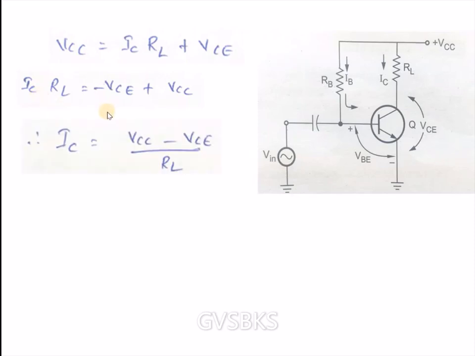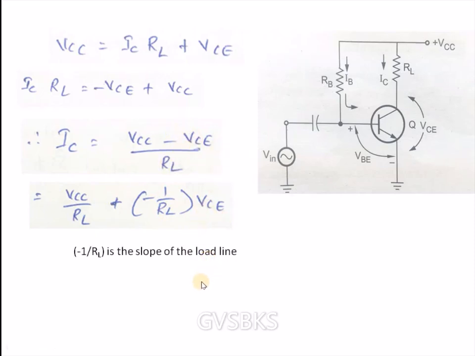IC can be written as (VCC minus VCE) divided by RL. So we can calculate the IC current using the equation (VCC minus VCE) by RL. This equation can be written as VCC by RL plus (minus 1 by RL) into VCE. Here minus 1 by RL is the slope of the DC load line.